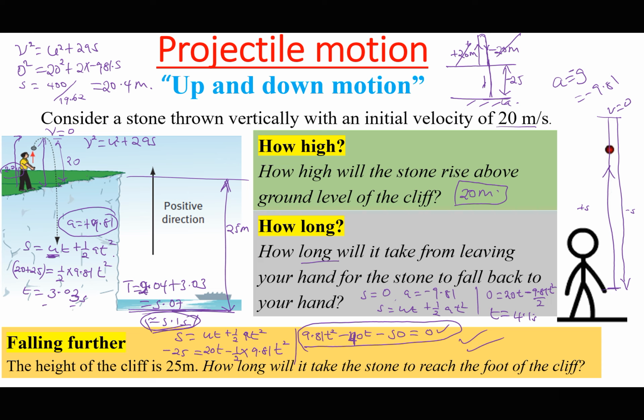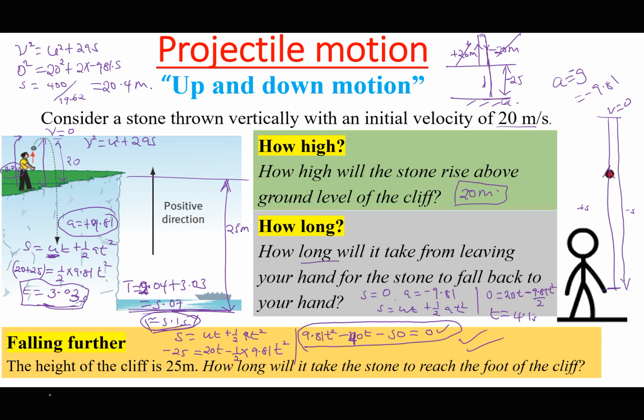The displacement will also be positive because I'm considering independent motion from the highest point going downwards. I'm not considering the whole motion going up and back. That's why I considered u to be 0, that is starting from the highest point, and acceleration to be positive 9.81. So that gives me the time from the highest point to the bottom of the cliff as 3.03. Then I added the time to reach the highest point and I got 5.1 or 5.07.